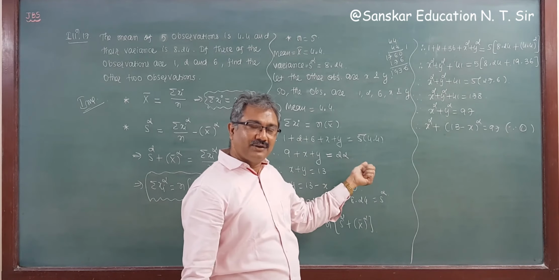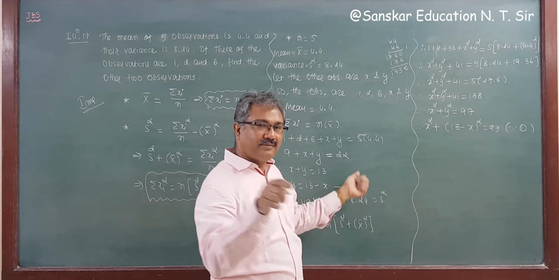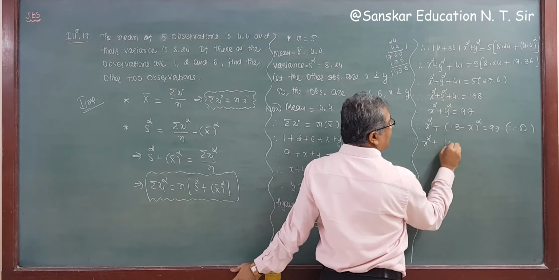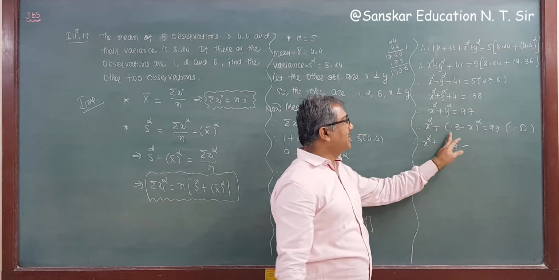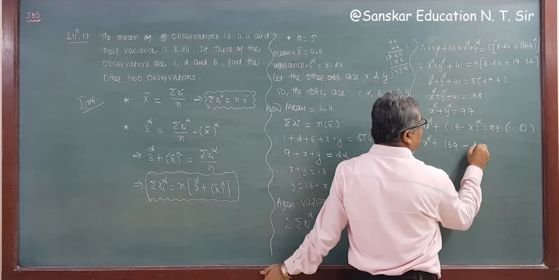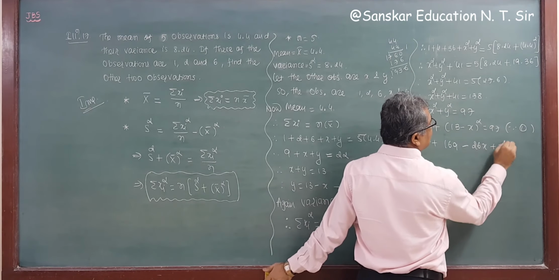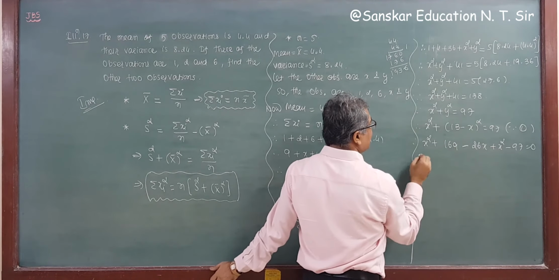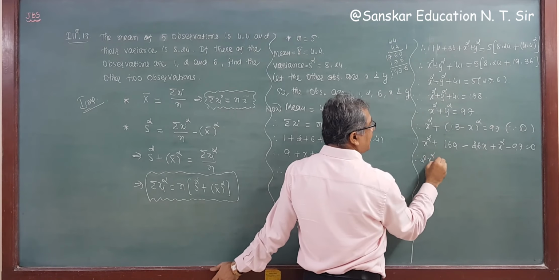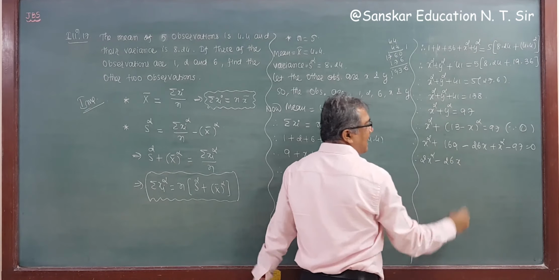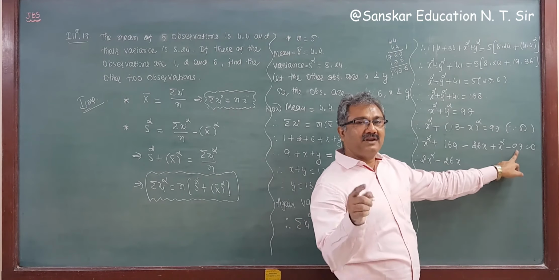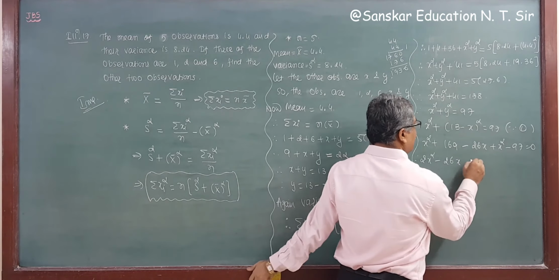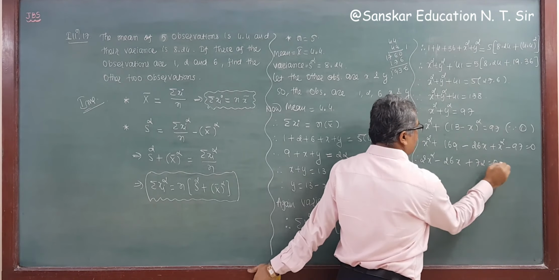Do it yourself. So this is x square plus 169 minus 26x plus x square minus 97 equal to 0. So x square plus x square is 2x square minus 26x plus 169 minus 97, that is 72, equal to 0.